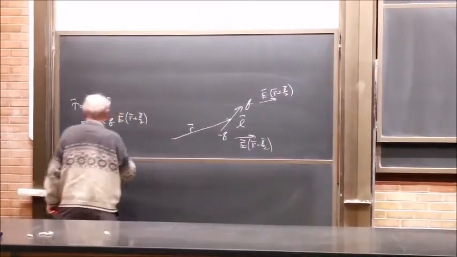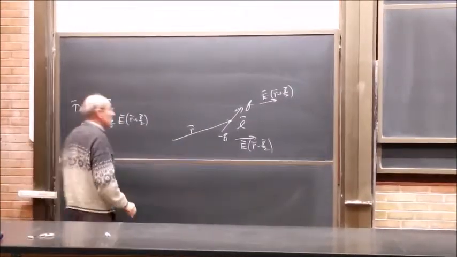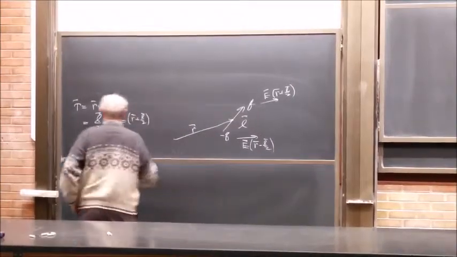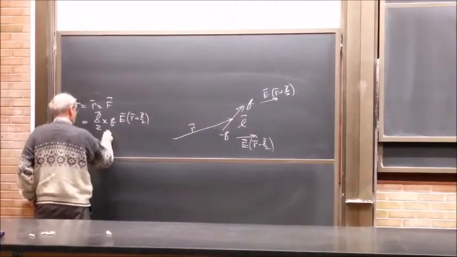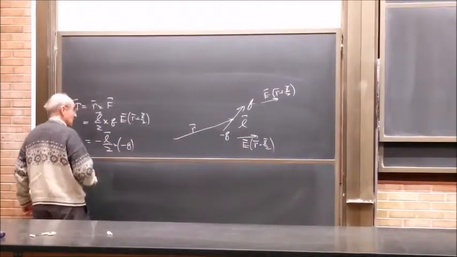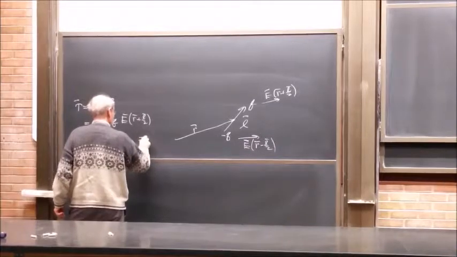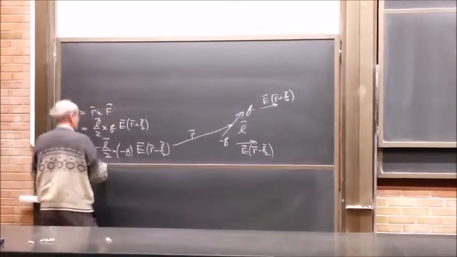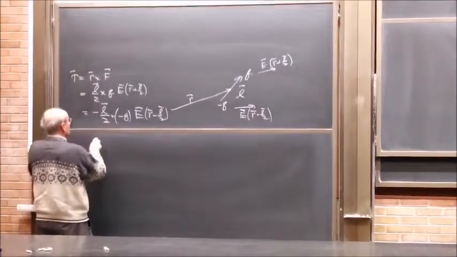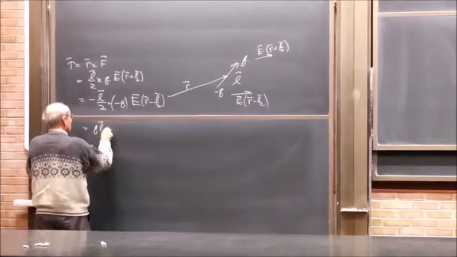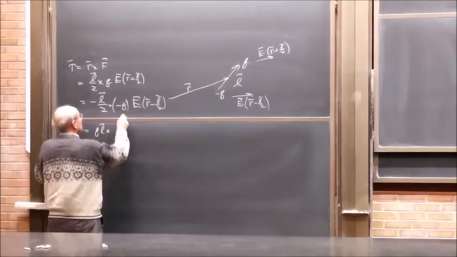And down here, the difference is that the R points in the opposite direction. So it was minus L over 2, but the charge is also minus, E at R minus L over 2. And so those two will add, and you will get QL crossed into.